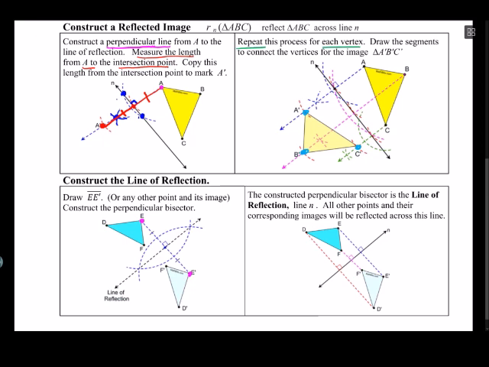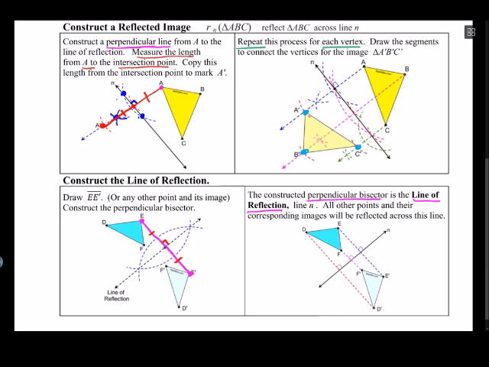We know that our line of reflection is the perpendicular bisector of the segment that connects these 2 points. So if we draw the segment that connects our image and pre-image points, and then construct the perpendicular bisector, that becomes our line of reflection. Our perpendicular bisector is our line of reflection.